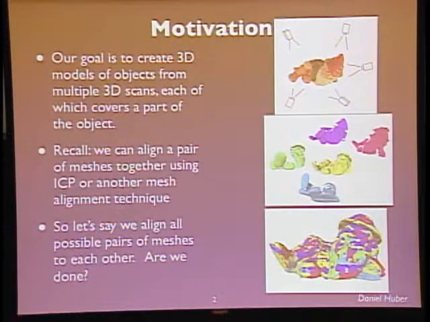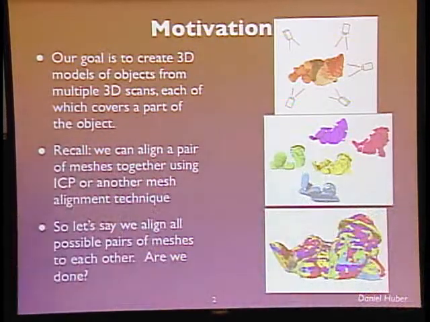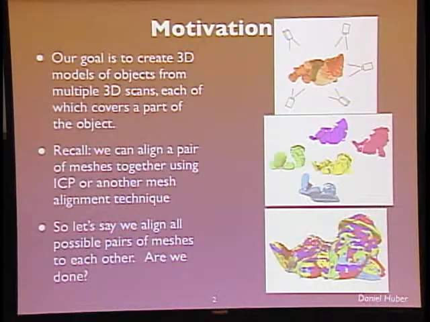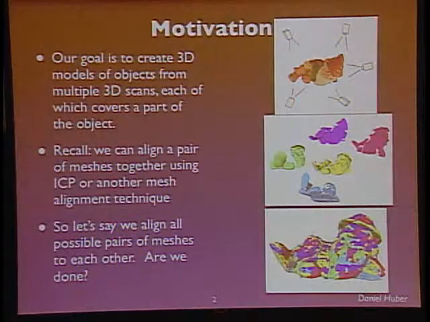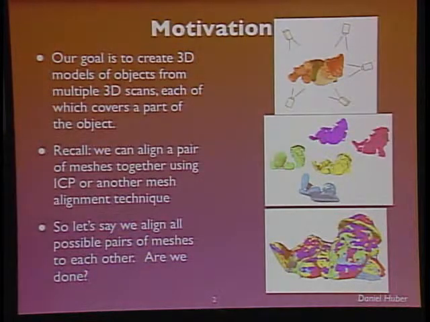And if you paid attention, not last time, but the time before last on Monday, you learned about how to solve for the rotation and translation that aligns these things together. And if you do that, and you kind of plop all of them on top of each other after you do this alignment, you can get something that looks like that. So it looks like we have completed the task of building a complete 3D model of the gnome after we have aligned all of these surfaces together.